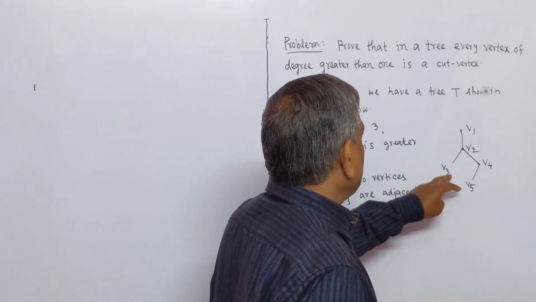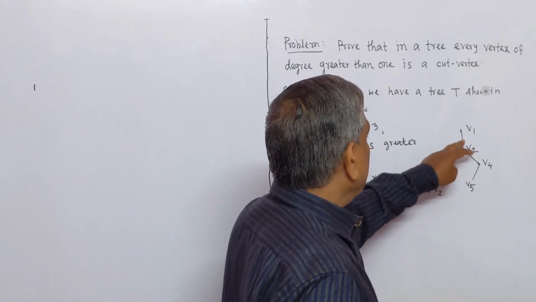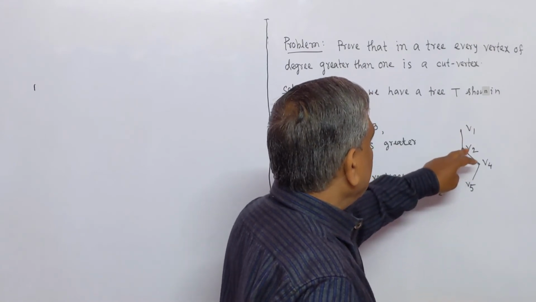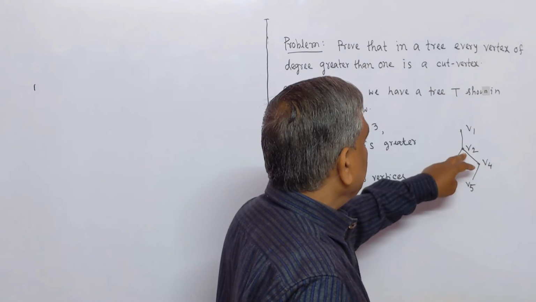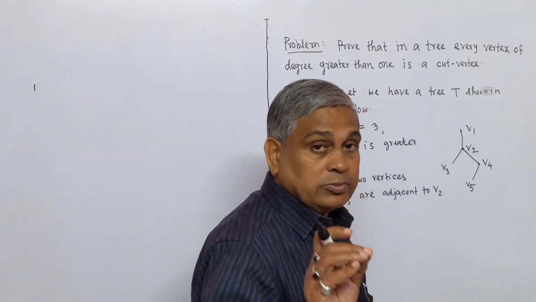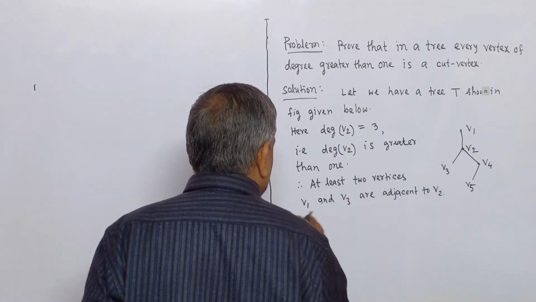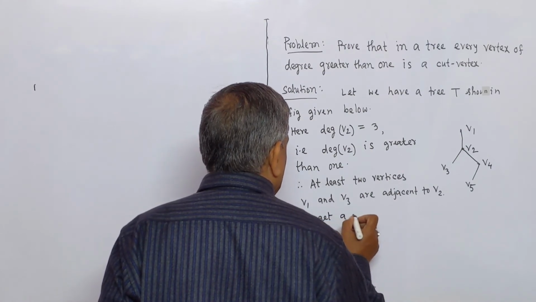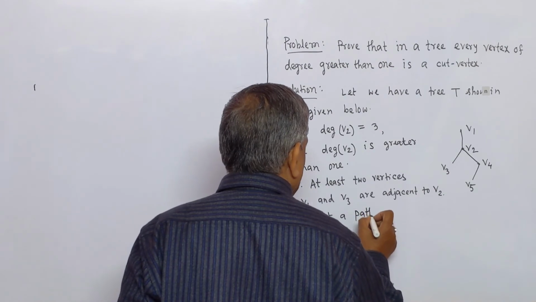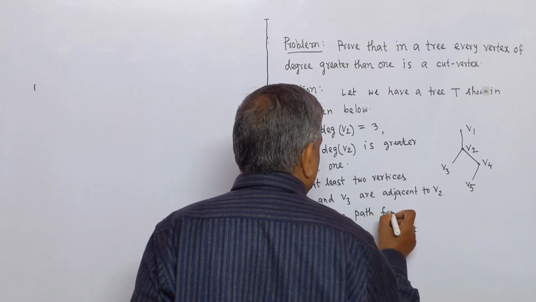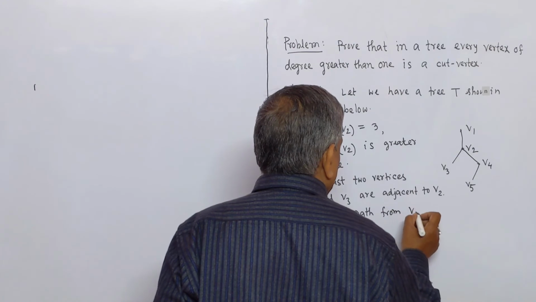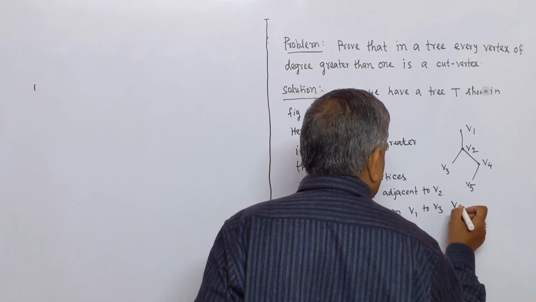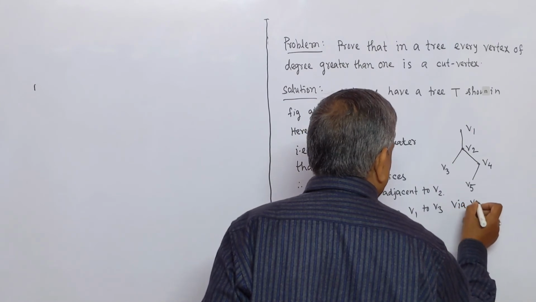If vertex V3 is adjacent to V2 and V1 vertex is adjacent to V2, then degree of V2 is at least 2. We get a path from V1 to V3 via V2.